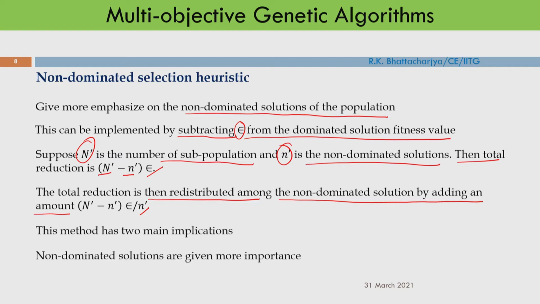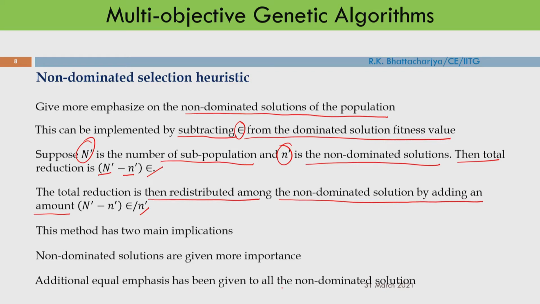Second, additional equal emphasis is given to all the non-dominated solutions. As I have explained, among non-dominated solutions you cannot tell which one is better and which one is inferior. Therefore, we are giving equal importance to the non-dominated solutions.